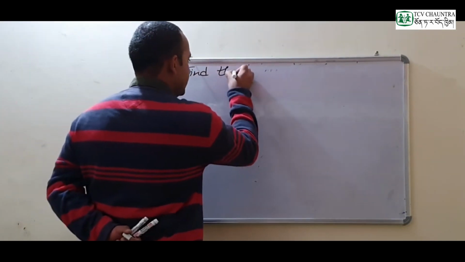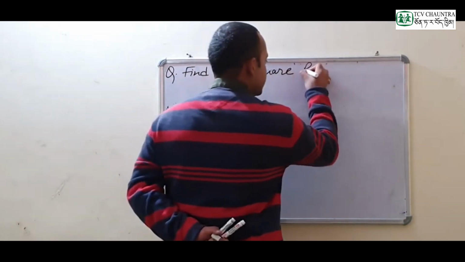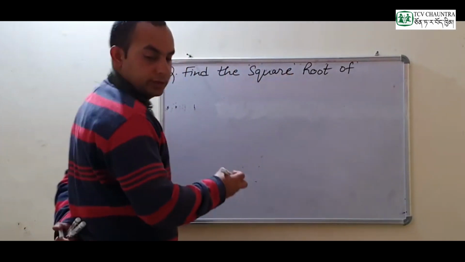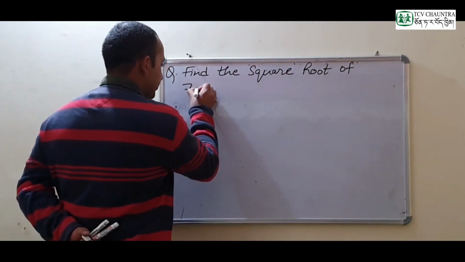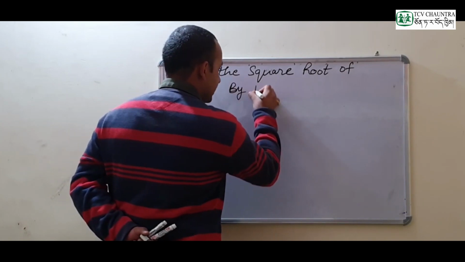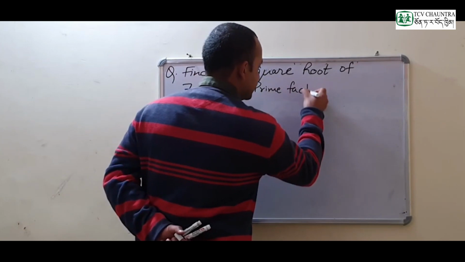Find the square root of 7.29 by the prime factorization method.